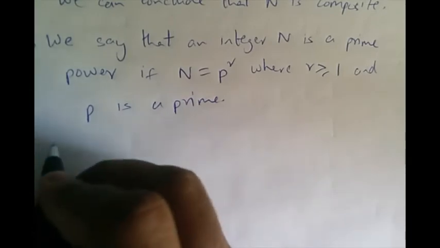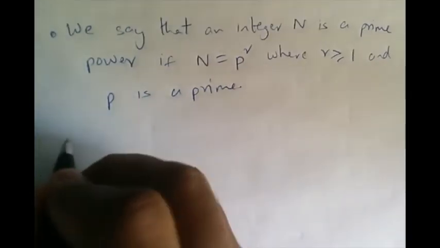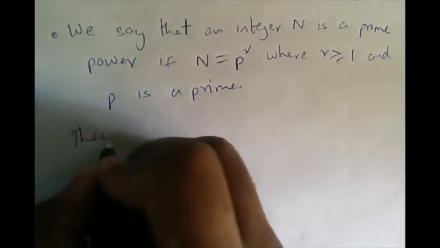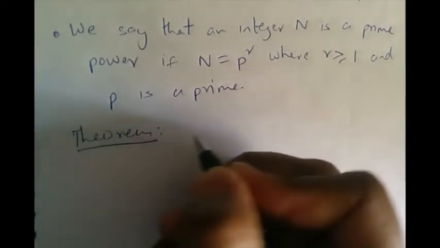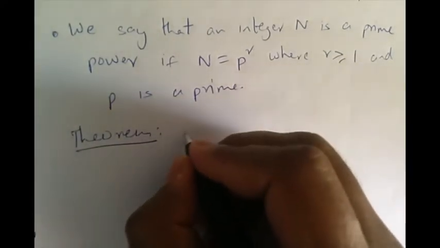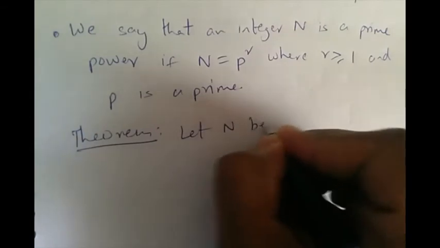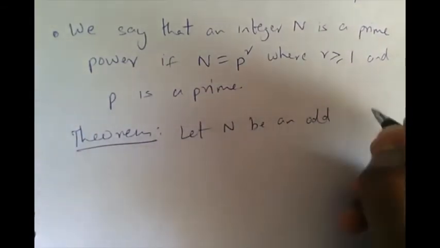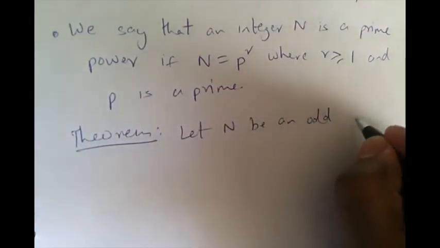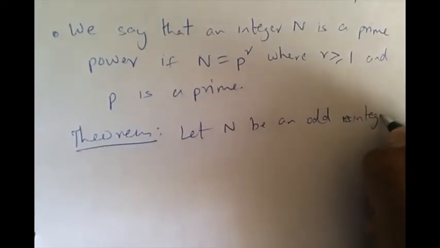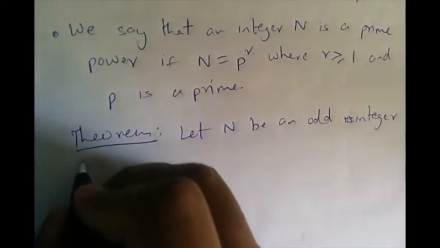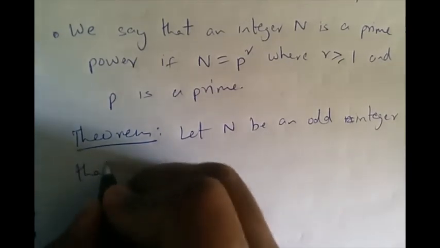So the theorem which tells us how many strong witnesses there can be is here. Let n be an odd integer that is not a prime power.